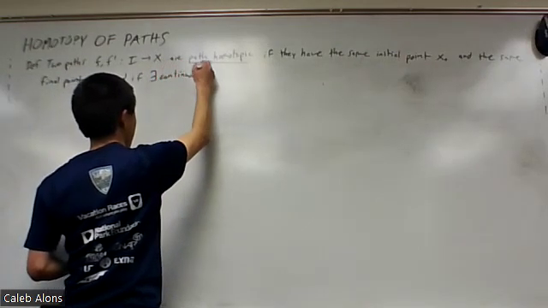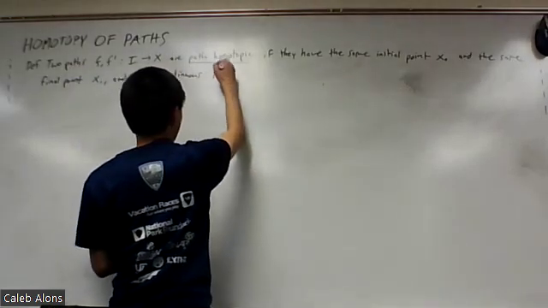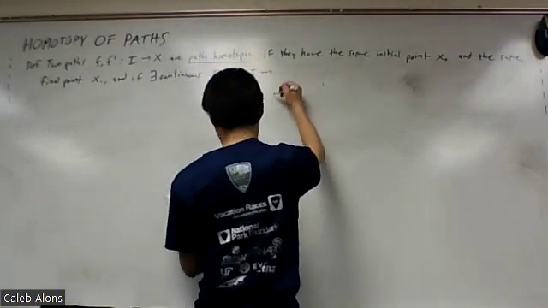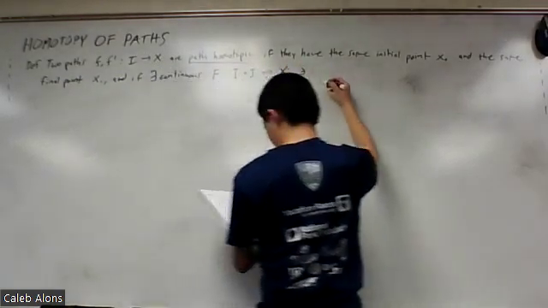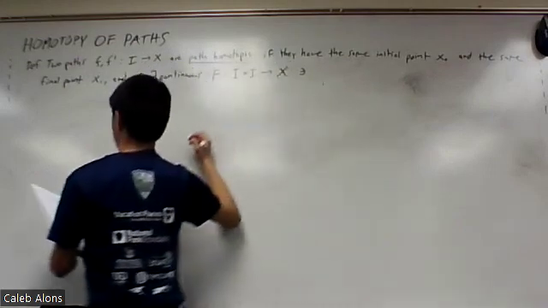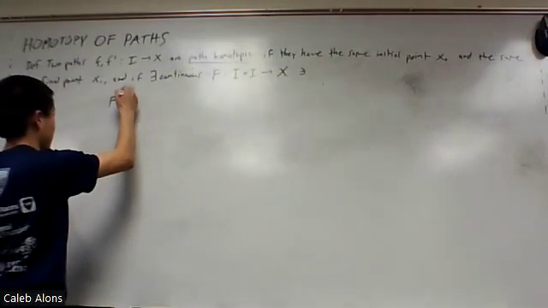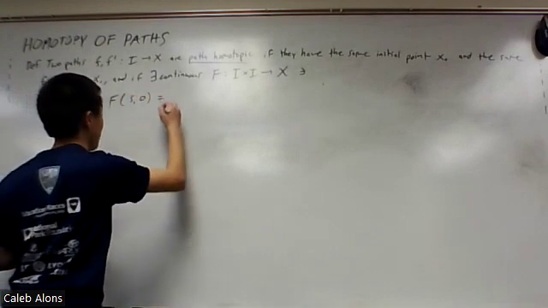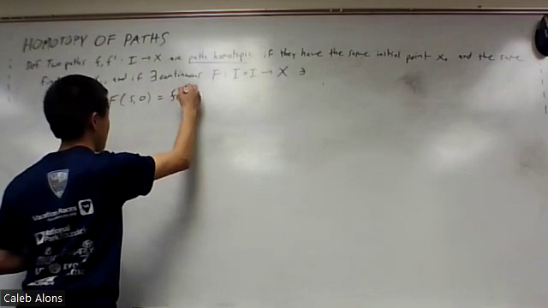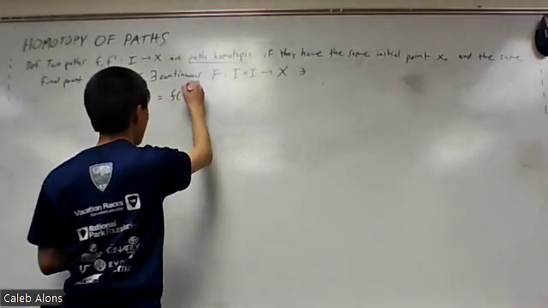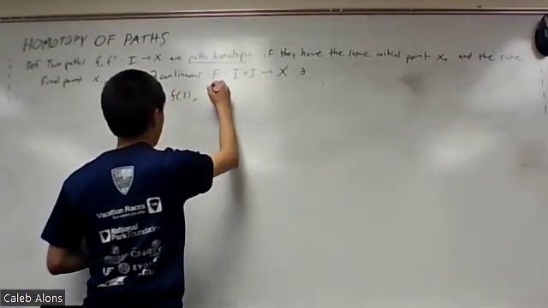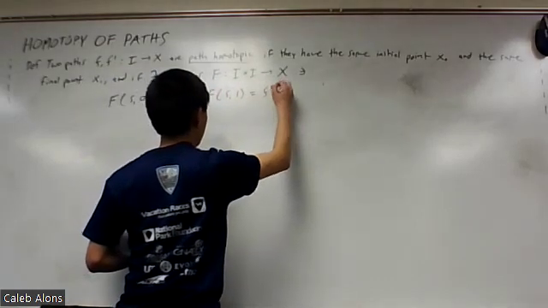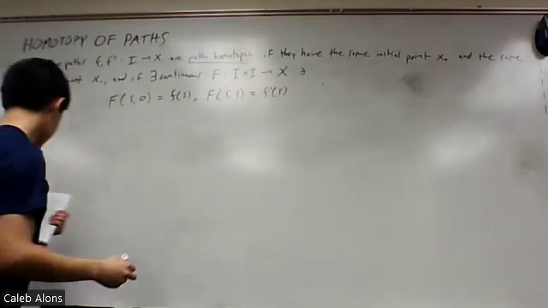a continuous map F which takes I cross I to X such that there are two properties here that we'll illustrate. If I have F of s, 0, I want that to be the first path, and the other endpoint, F of s, 1, should be the other path.